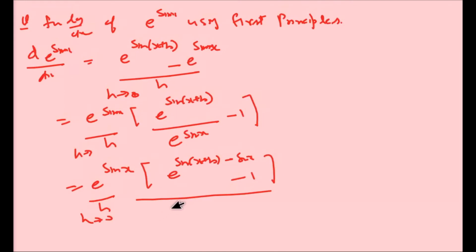Now dividing here by sine x plus h minus sine x, and multiplying by sine x plus h minus sine x. Now if this is y, and y tends towards 0, then the value of this is equal to 1.